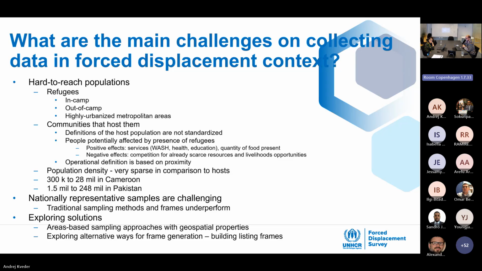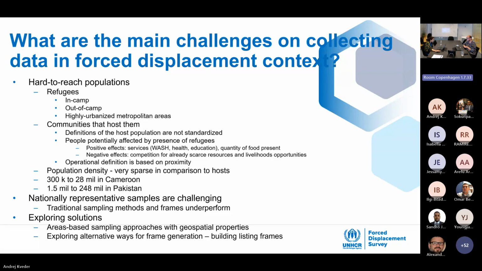Refugees live in different contexts. They live in organized settings, in camps and settlements. But in a lot of countries, they are basically living at large among the host population, and capturing those populations is particularly hard.